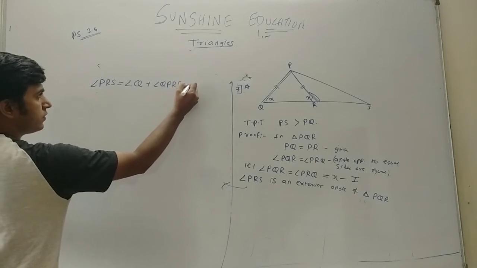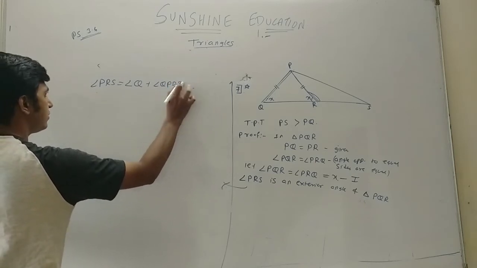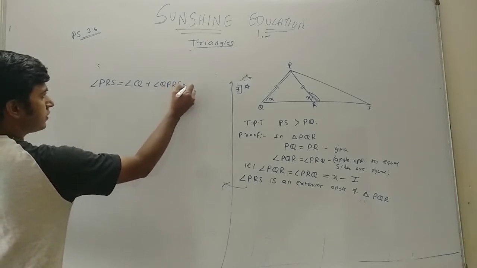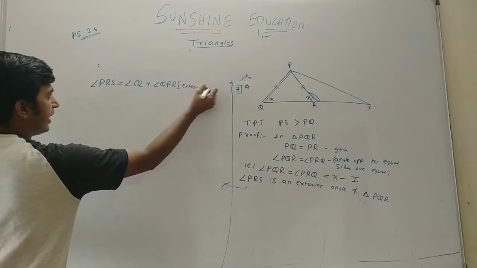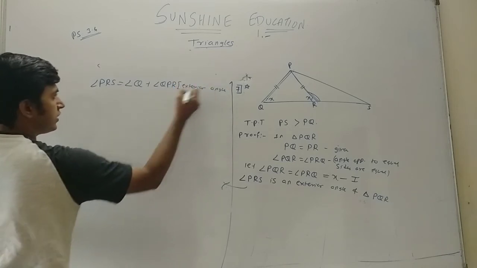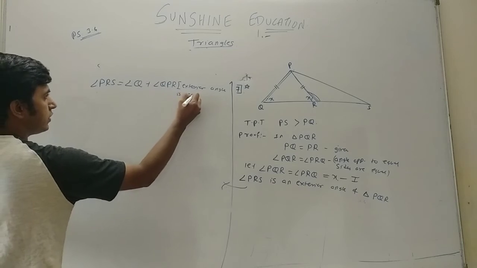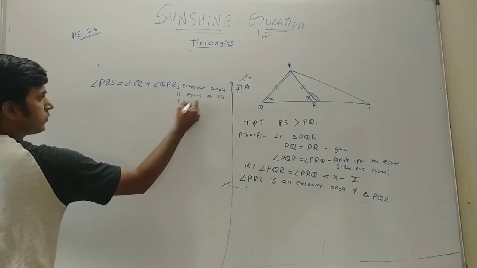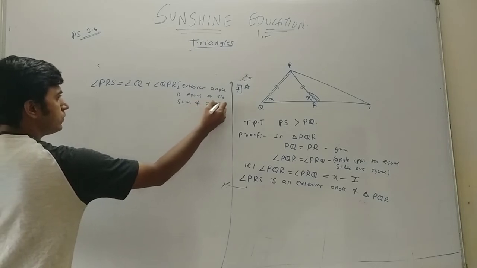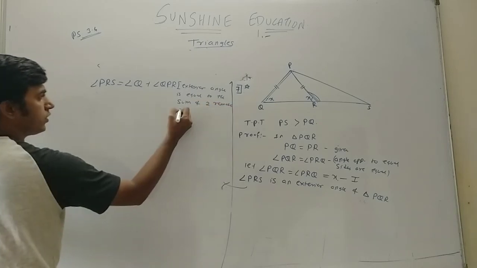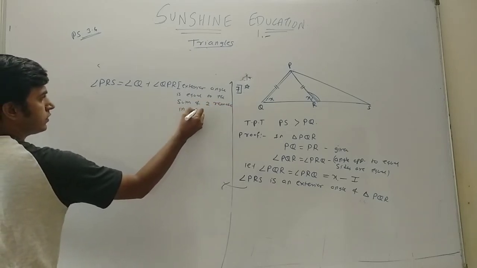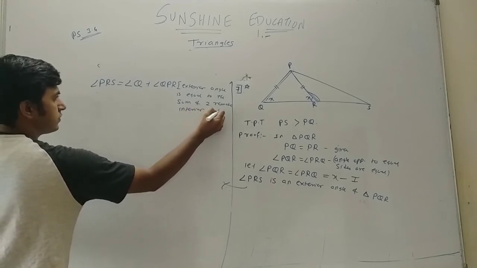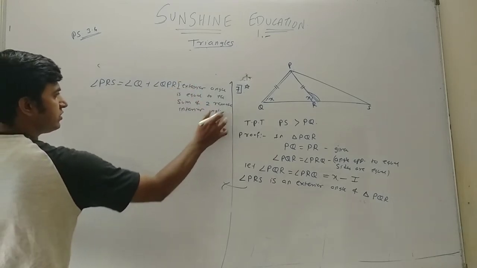The measure of the exterior angle is equal to the sum of the two remote interior angles. I am just reading it for you.